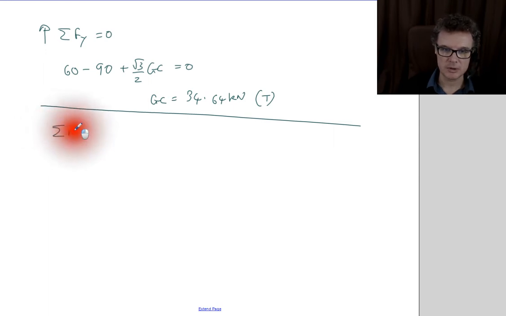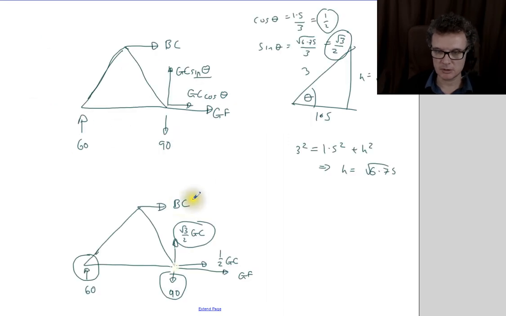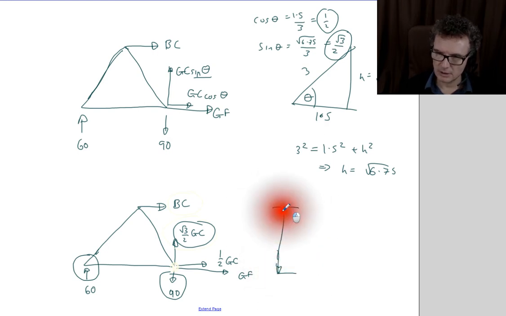Okay, so the next stage is to take the moments around the G joint. So we're going to take moments at G, clockwise I think. I need to go back to our geometry. So from here to here is square root 6.75.